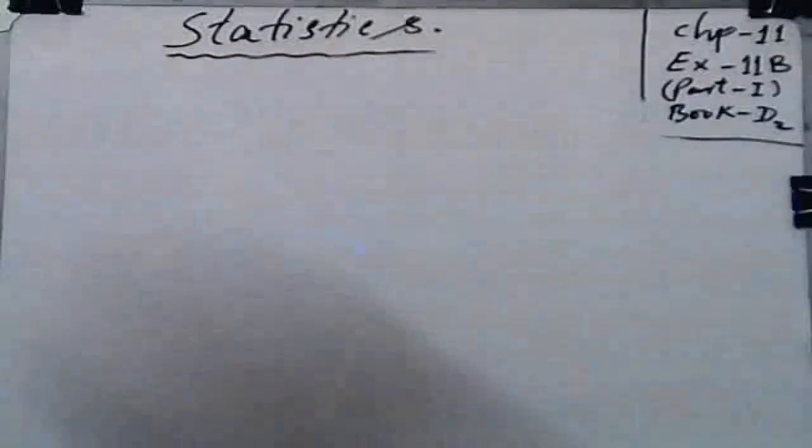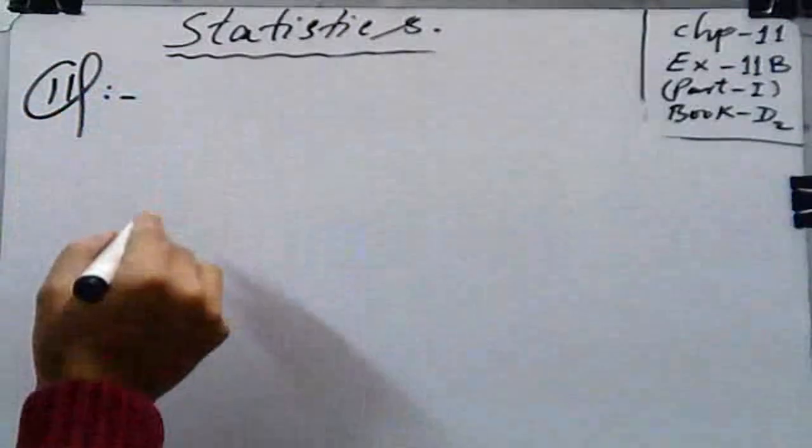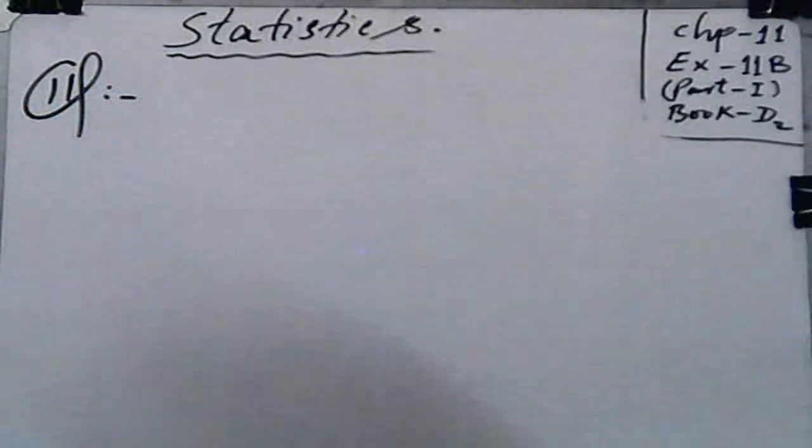Now coming to question number 11. Read the statement: the heights of three plants A, B, C in a garden are in the ratio 2:3:5.